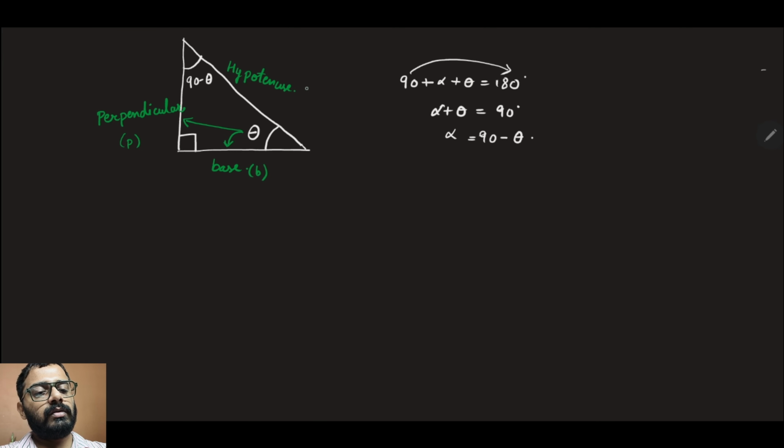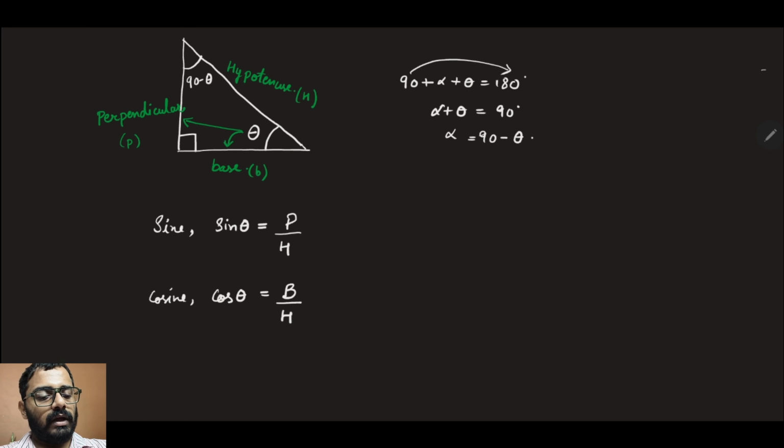Okay, now we have some trigonometric ratios. First is your sine ratio. Okay, so sine of theta will give you what? That will give you the ratio of perpendicular with the hypotenuse. Then next is your cosine ratio, that will give you the ratio of base with the hypotenuse.